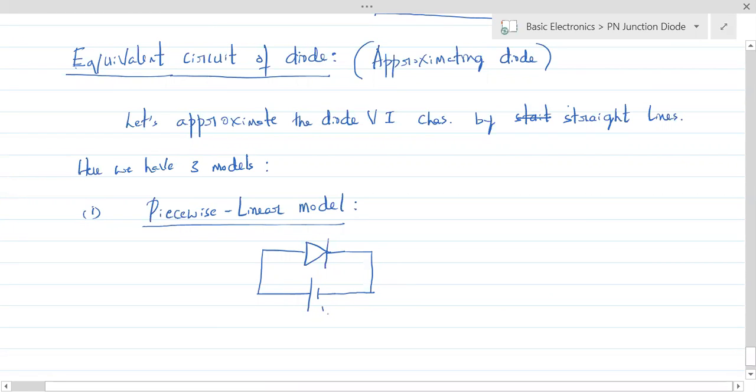This is VD. Since this is forward bias, let's call ID as IF, the forward current. The diode current would be referred to as forward current. Fine. And you have the diode here.